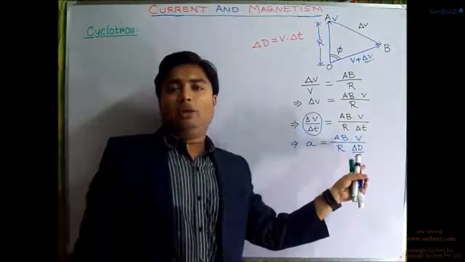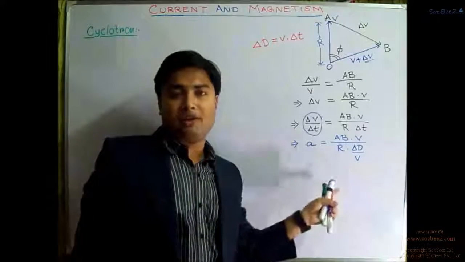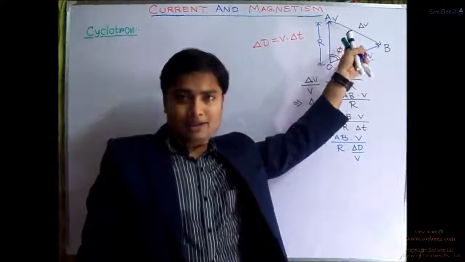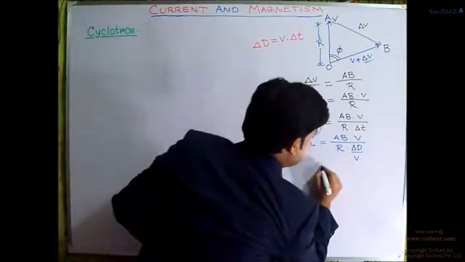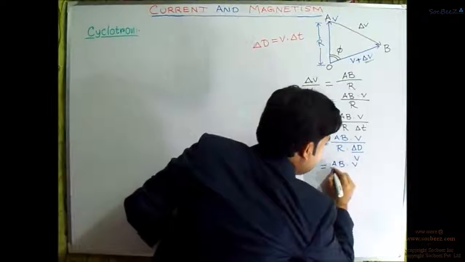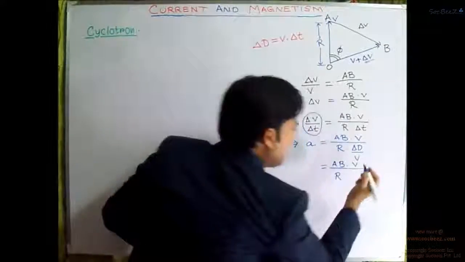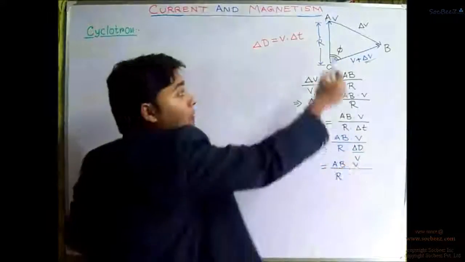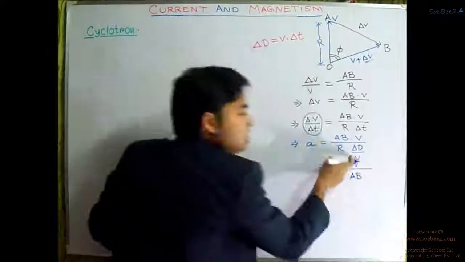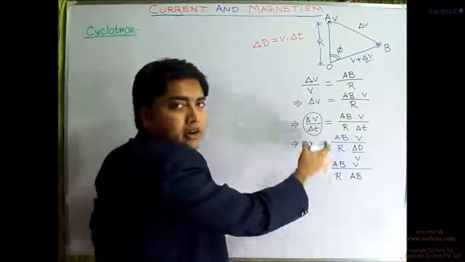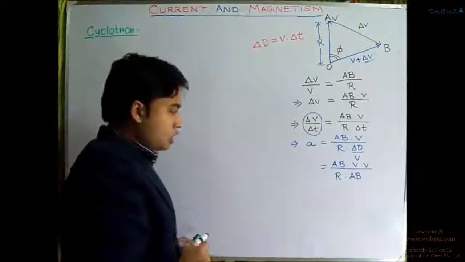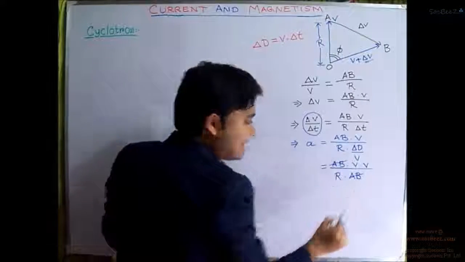Now del D means actually how much distance this has traveled. Obviously, this has traveled this much distance of AB, isn't it? So we will write it as AB multiplied by V divided by R multiplied by the del T, or del D, now replaced by AB, and this V, which is the denominator of the denominator, shall go on the numerator side, multiplied by V. So look over here, the AB and AB get cancelled out.